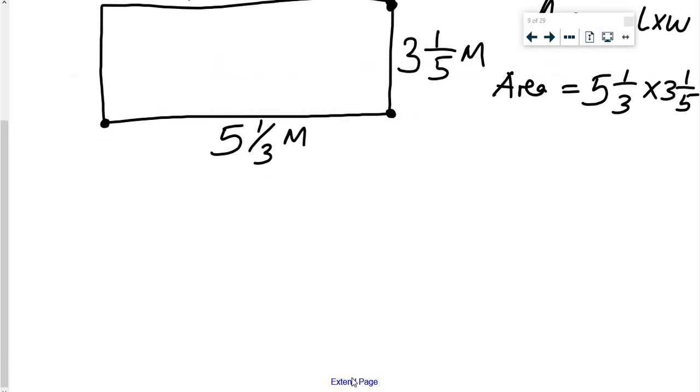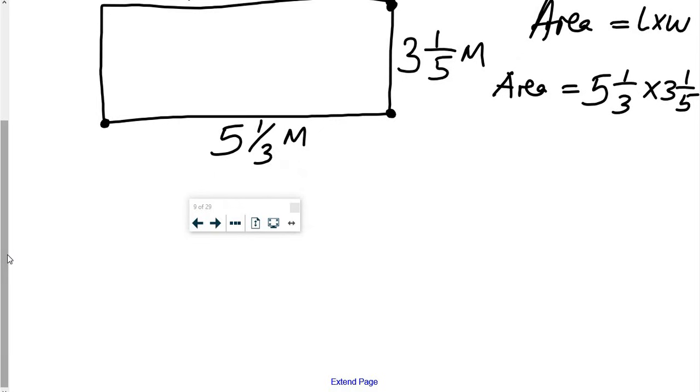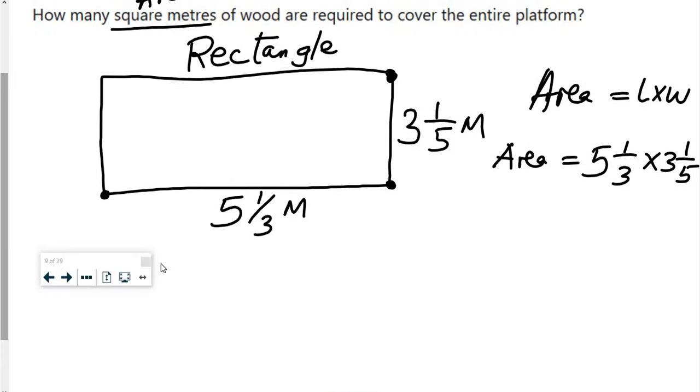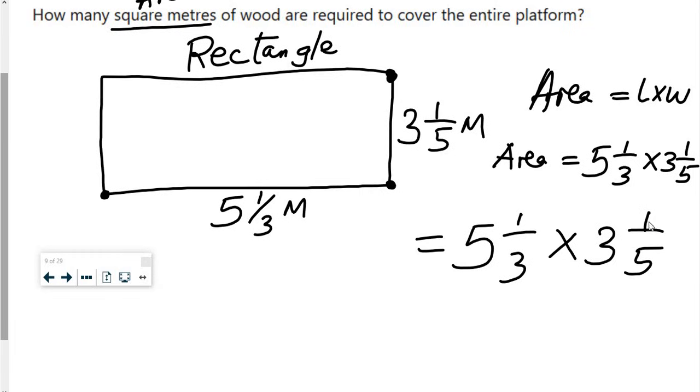When you do this, you need to be very careful because you are multiplying two mixed fractions. So this will be equal to 5 1/3 into 3 1/5. To multiply the two mixed fractions, we need to convert each mixed number into an improper fraction.